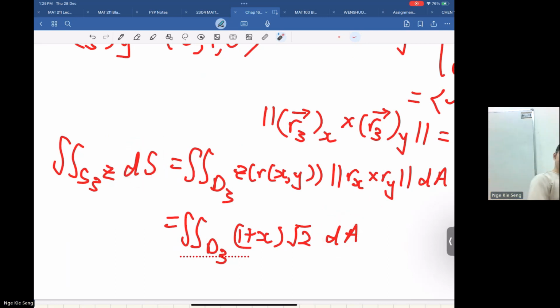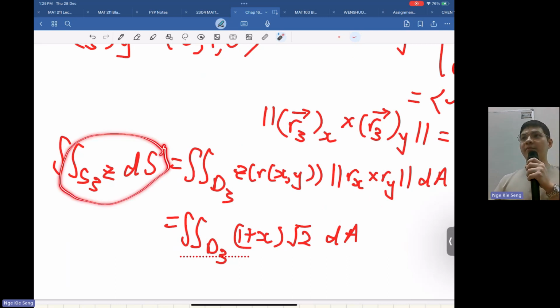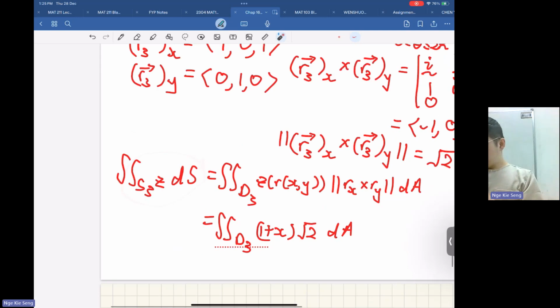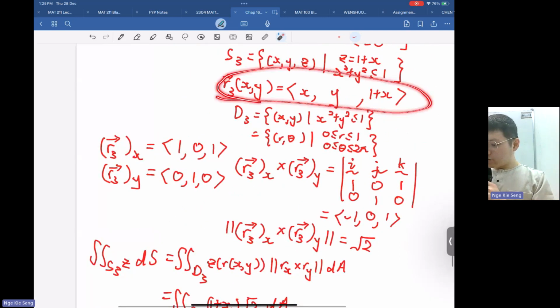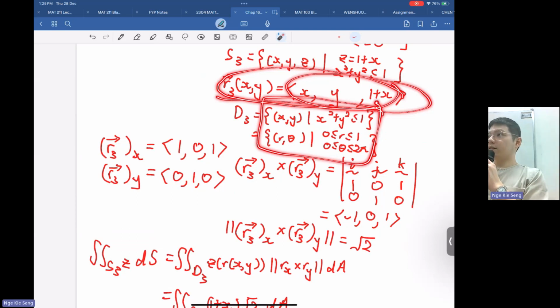What's the difference? dS is a curved surface. dA is a flat surface. So for a general curved surface we use dS, and then we use this parametric equation to change the curved surface to the normal flat surface. Make sense or not?